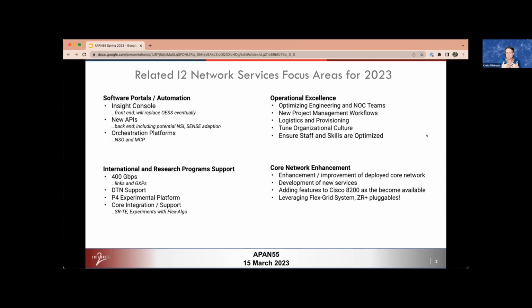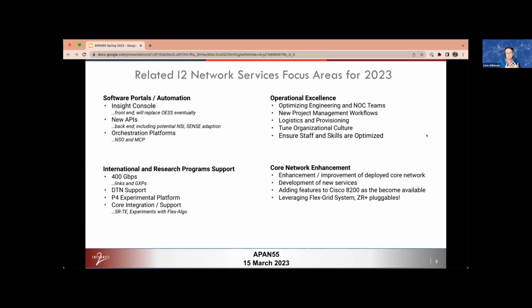We're developing Insight Console, which is our new front end, which will eventually replace OESS, which many of you are familiar with. We're developing new APIs that underlay that new console platform, along with the orchestration platform that sits below those, NSO and MCP. So software, automation, and provisioning are all very much key in what we're doing.